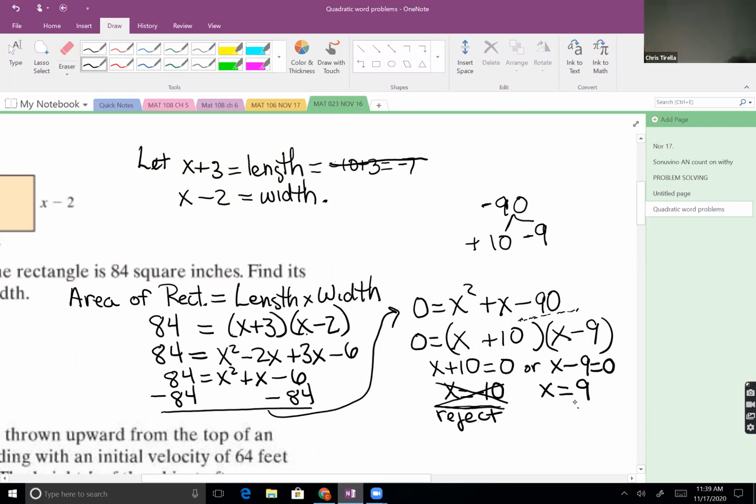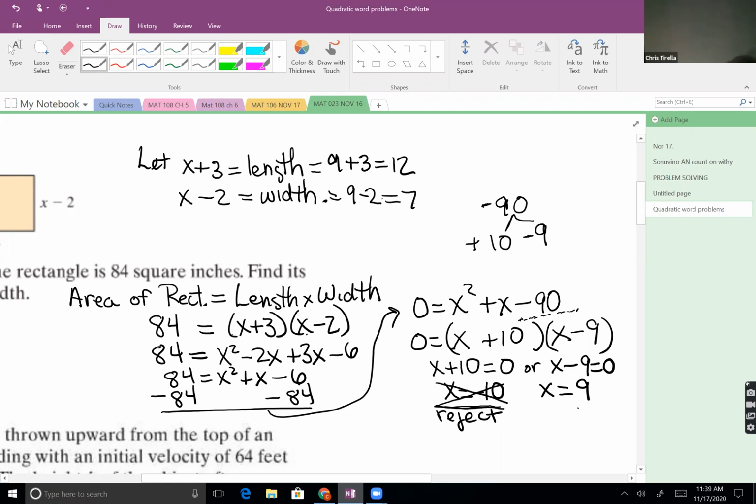So I'm going to go up here because I've run out of space and erase this. If x is 9, the length would be 9 plus 3, or 12. The width would be 9 minus 2, or 7.